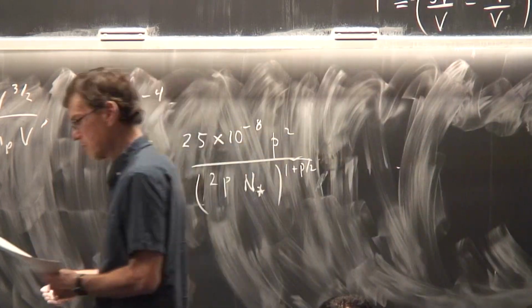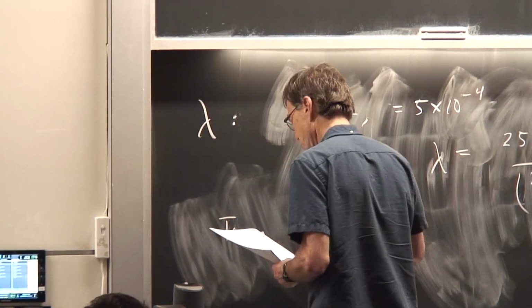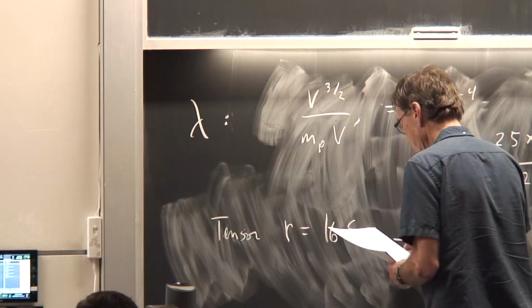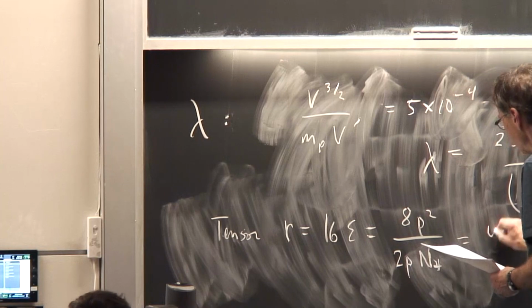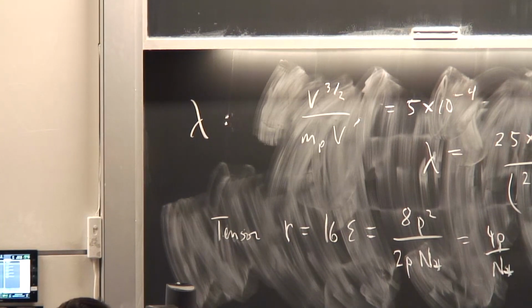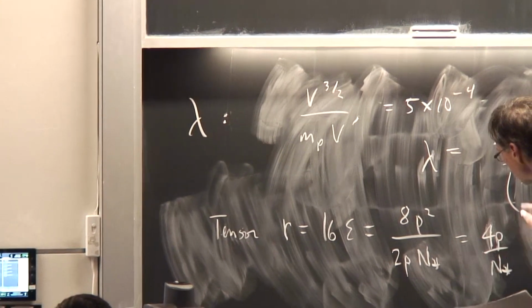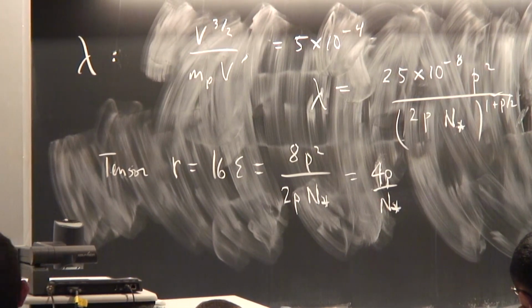Whereas the tensor to scalar ratio, that's 16 epsilon, that's equal to 8p squared over 2p N star. Well, that's 4p over N star. And so if you put these things together, you can start to see where a tension would arise.